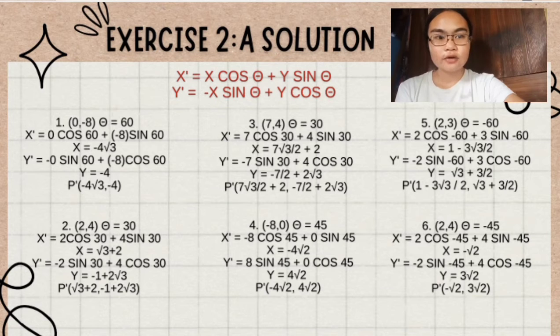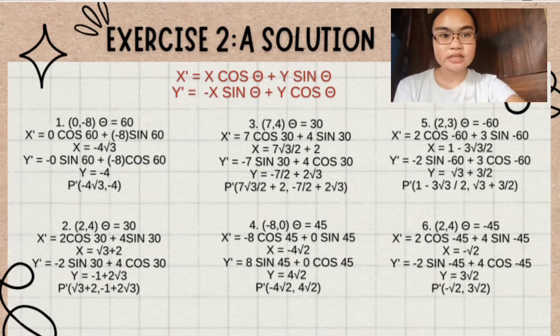And for y dash is equals to negative 2 sin negative 60 plus 3 cos negative 60. So y is equals to square root of 3 plus 3 over 2. So our p dash, we have 1 minus 3 square root of 3 over 2 and square root of 3 plus 3 over 2.